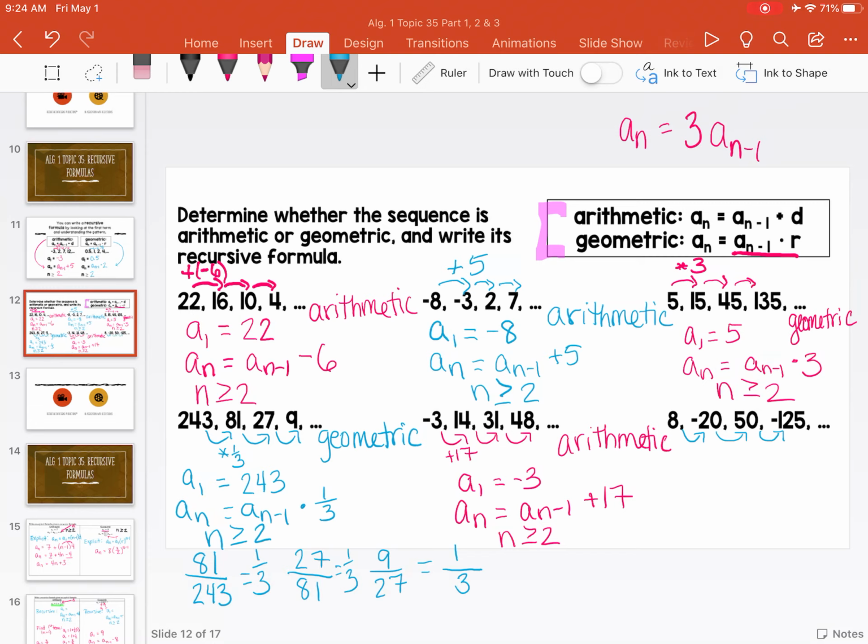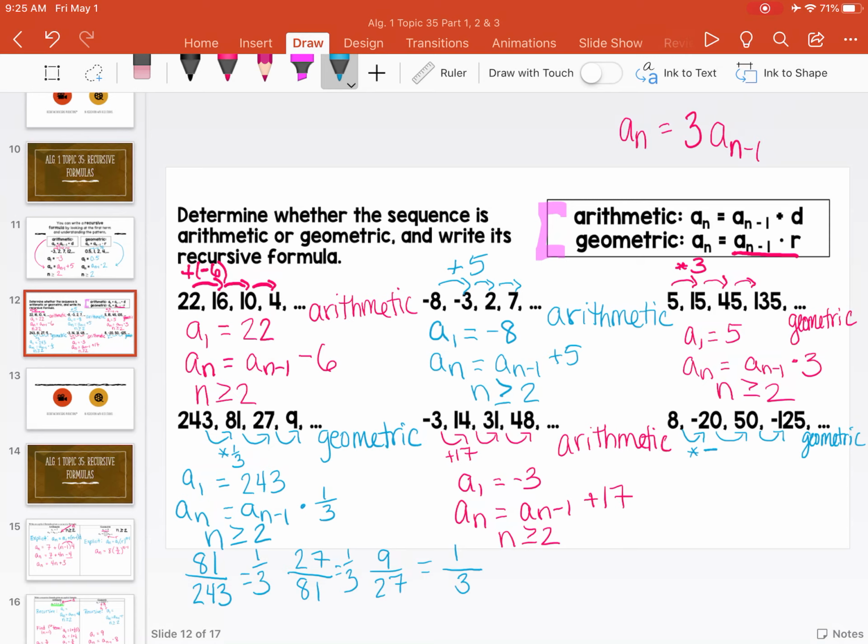And specifically, I'm going to be multiplying by a negative number. So this is a geometric sequence. Think about it. If you multiply a positive times a negative, you get a negative. If you multiply then a negative times a negative, you get a positive. Hence, that's why we have the sequence that is alternating between positives and negatives.